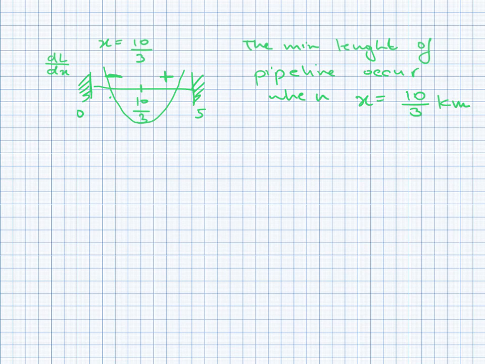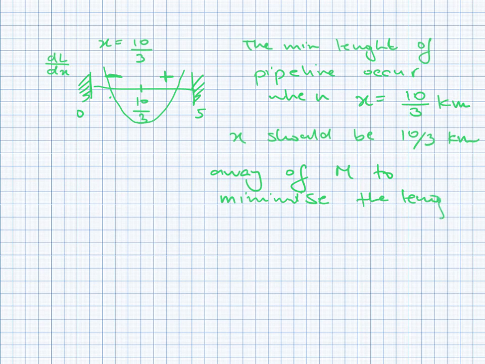So pretty much what we're saying is that x should be 10 over 3 kilometers away of m to minimize the length of the pipeline.